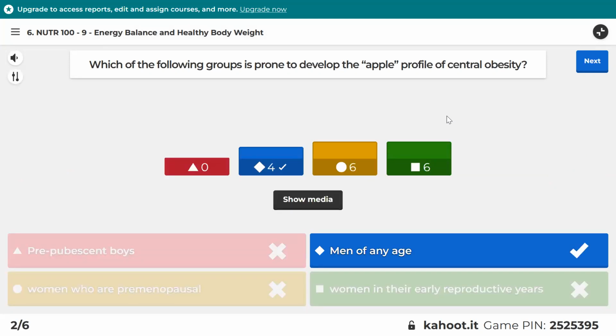So the apple profile is the one where you're kind of all round, particularly in the central area around the belly, right? The pear shape is sort of that typical woman who has roundish hips. And so it's the apple shape that we're concerned about because that has lots of visceral fat. And so generally men of any age are at risk.